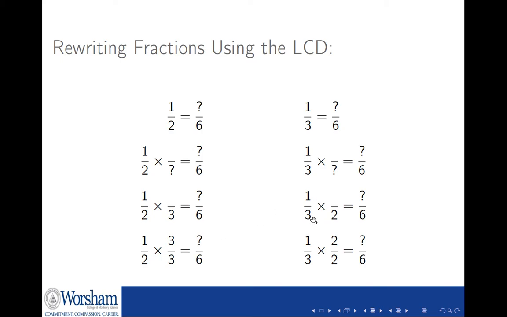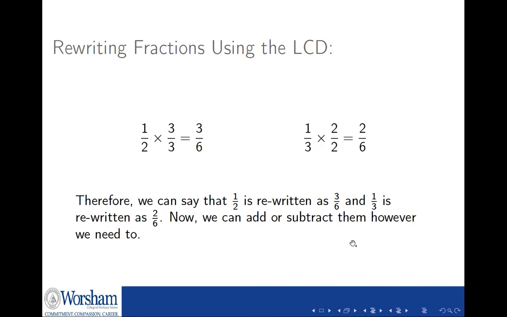And over here, 3 times 2 gets me 6. So 1 times 2 should get me a 2 for that question mark right there. All right. So 1 times 3 is 3. 2 times 3 is 6. For this one, 3 times 2 is 6. 1 times 2 is 2.